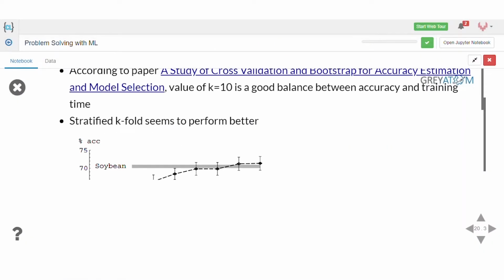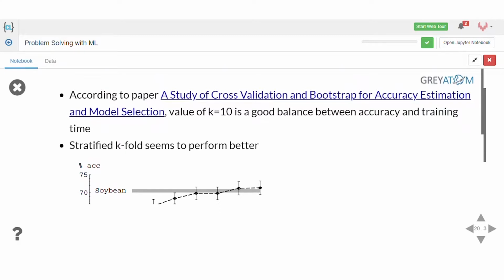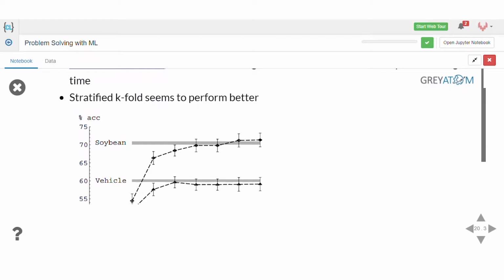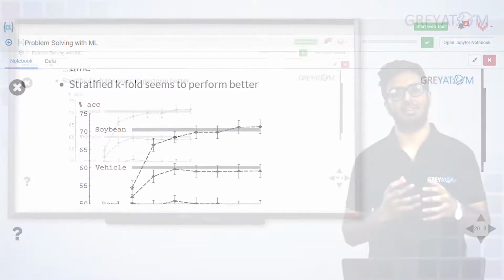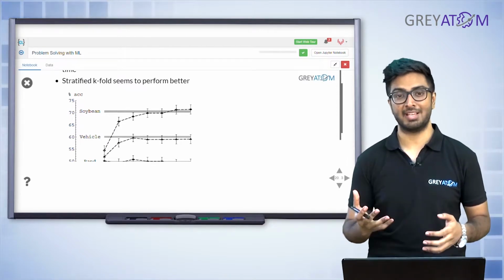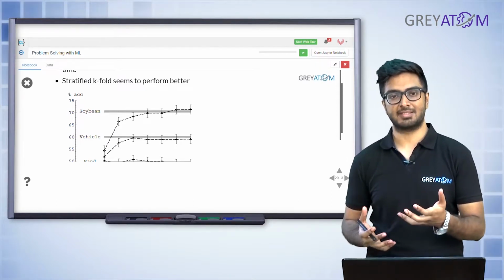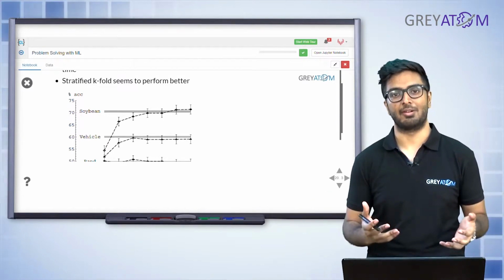Given that, there was a particular study which says that k up to 10 is probably a good balance between accuracy and training time. And stratified k-fold obviously seems to perform better. Why does stratified k-fold perform better? We already talked about this in the imbalance problem. If you have an imbalanced data set and you do a random cross-validation, there is a chance that you might have subfolds which would never have a minority class at all.